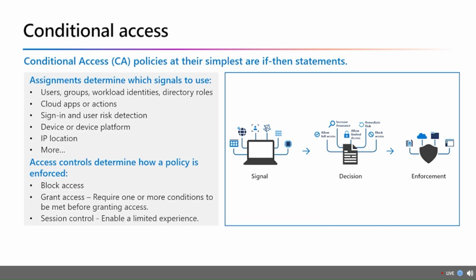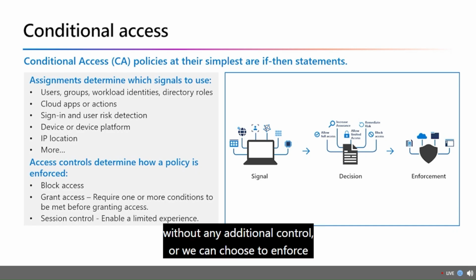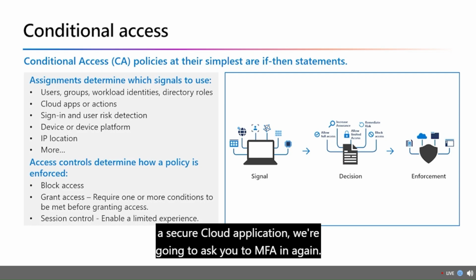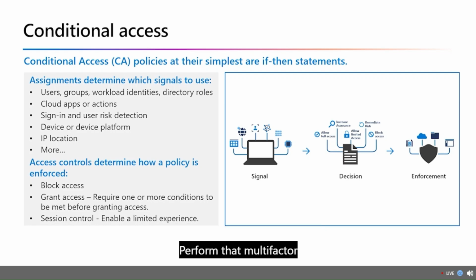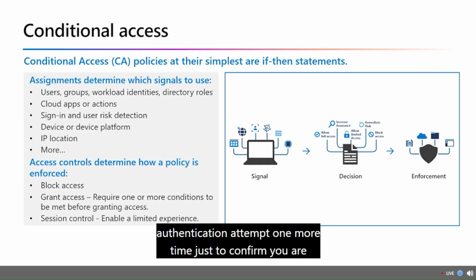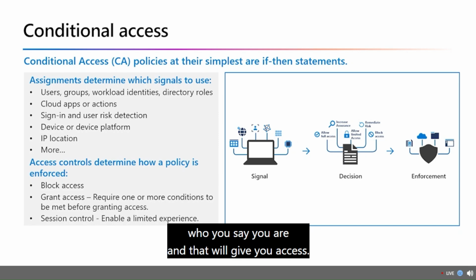Or we grant access without any additional control, or we can choose to enforce one or more other controls while granting access. One of them would be: you can have access to this cloud application, but because it's a secure cloud application, we're going to ask you to MFA in again. So perform that multi-factor authentication attempt one more time just to confirm you are who you say you are, and that will give you access.